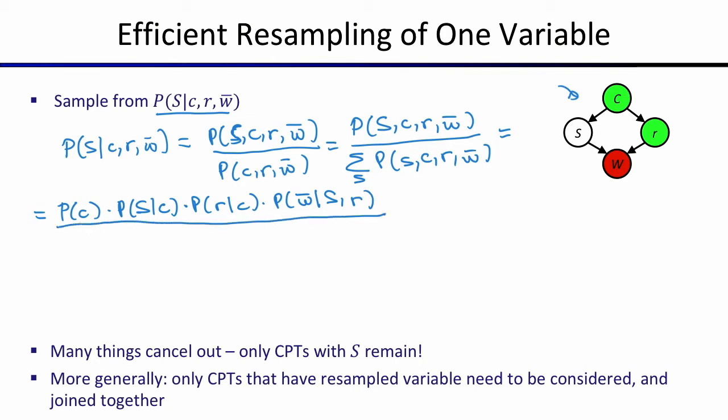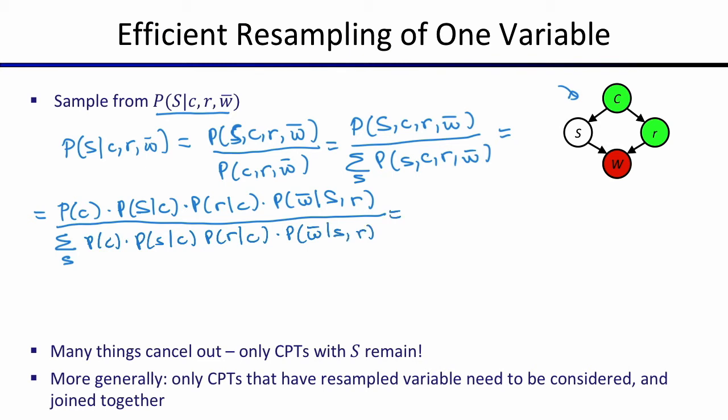And that's going to be divided by this sum here. So it's going to be the sum over S of, again, the probability of little c, but this little s will assume the two values, true and false, the probability of r given c, and the probability of not w given s and r.